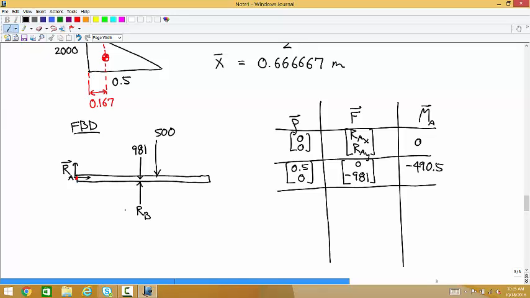What's the row vector for RB? RB is still the roller. Yep, that's 0.5 again, 0, RB, and the cross product is 0.5 RB.